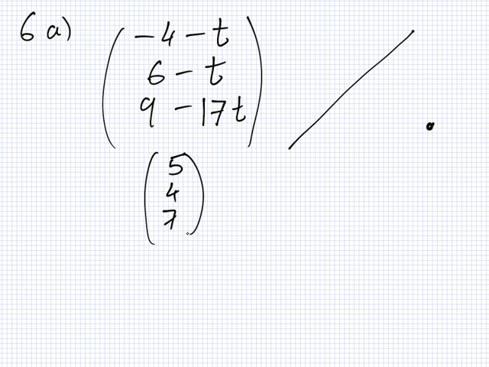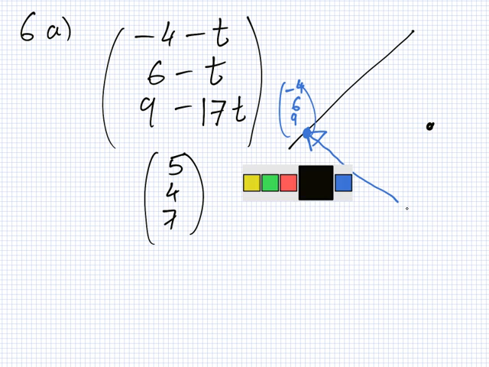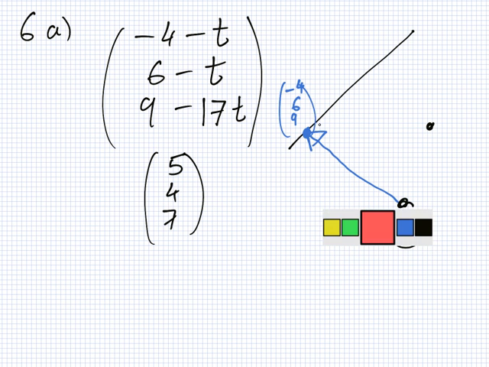Okay? Now, if you look at this line, this is the point minus 4, 6, 9. I'll call this O. Then this vector here is minus 1, minus 1, minus 17.